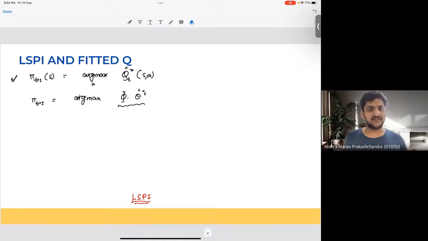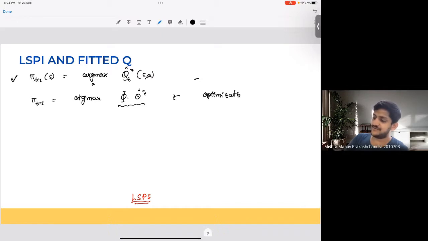It turns out a few scientists figured that instead of doing all these things, I only need to solve this. This is an optimization problem. You can see, right? For continuous action space, this is some sort of optimization problem for continuous A. Okay.